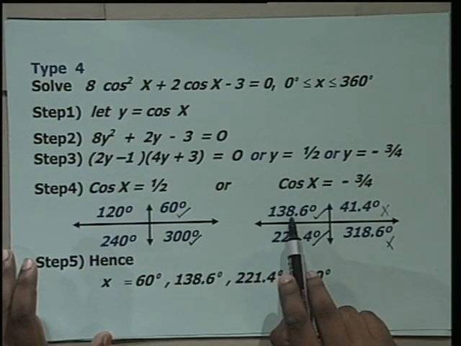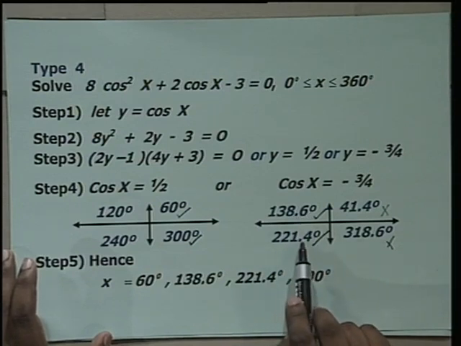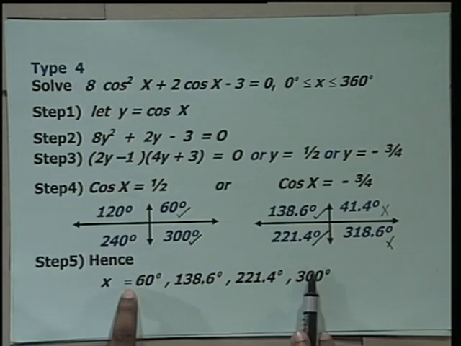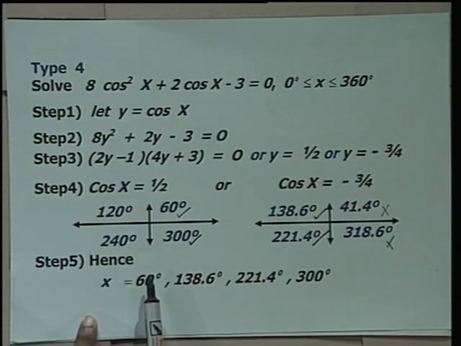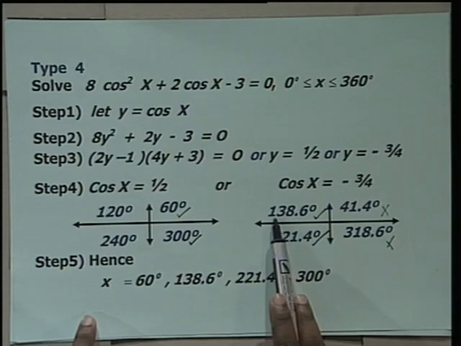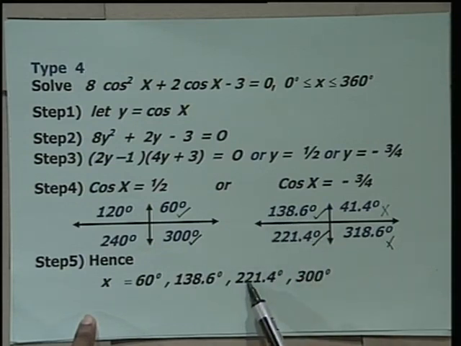So x equal to 138.6, 221.4. Hence, the solution is x equal to 60, 300, 138.6, 221.4. So we have written the angles in ascending order.